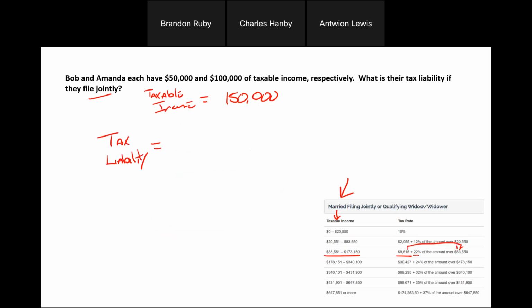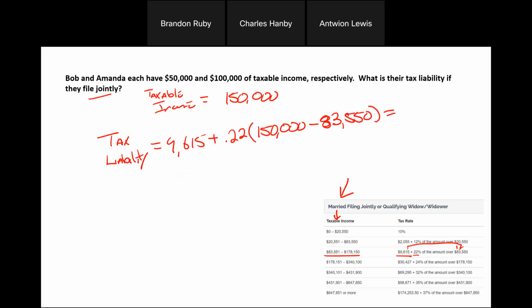So the tax liability is going to be $9,615 plus 22% multiplied by 150,000 minus the $83,550.